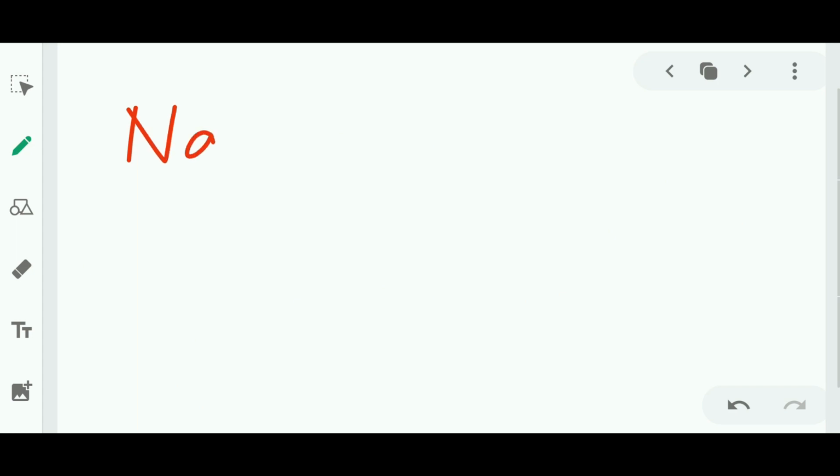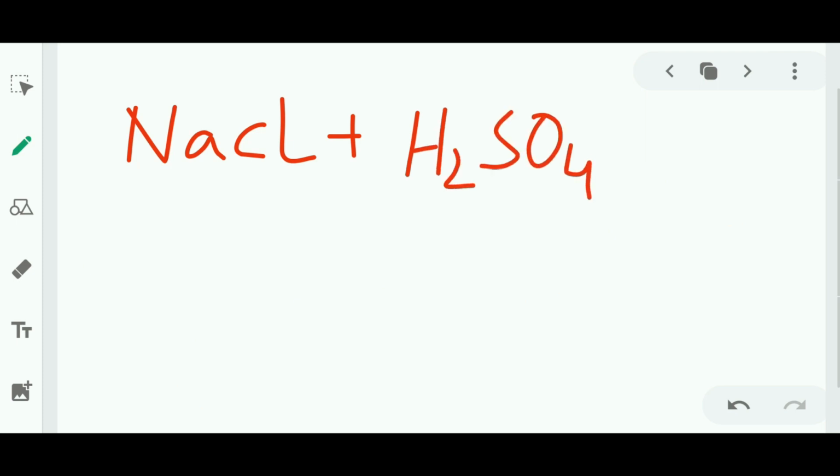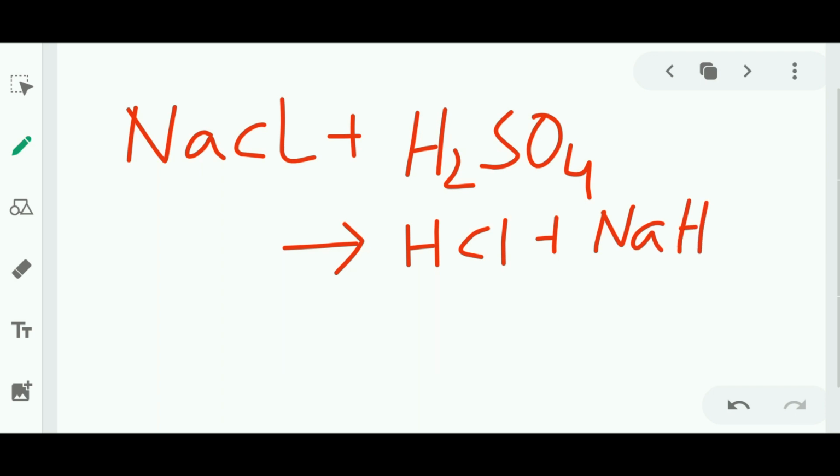Then HCl acid is produced, and the salt NaHSO4, sodium bisulfate, is formed. So a chloride salt heated with H2SO4 forms hydrochloric acid, that is HCl. So these are the properties of H2SO4.